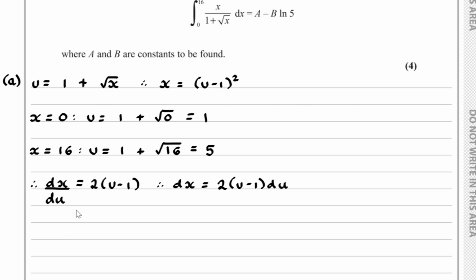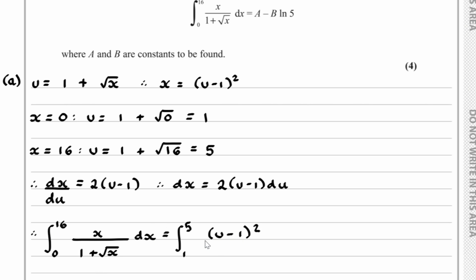to transform the integral. So therefore, the integral from 0 to 16 of x over 1 plus square root x dx is equal to the integral from 1 to 5. Now x, we've said, is u minus 1 squared. On the bottom, we've got 1 plus square root x, which we said is u.